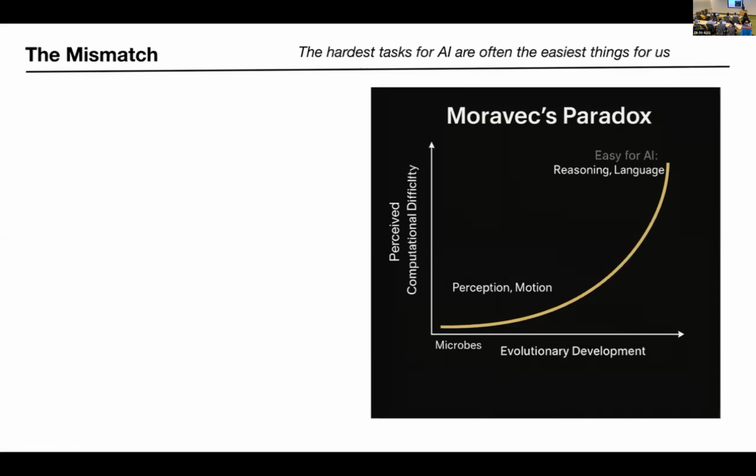For AI systems, for whatever reason, they seem to be really good at doing the things that are really complicated, but they don't do such a great job at things that we think of as very simple. To simulate what an ant or a spider could do is very, very difficult. But we can solve mathematics problems that are very, very difficult for people to solve, and AI seems to be able to handle that very well.